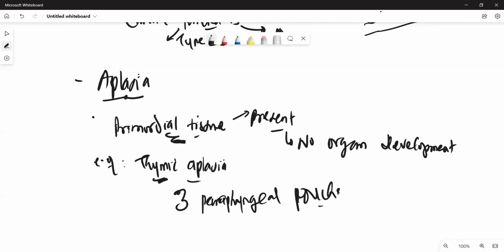And what else also comes from the third pharyngeal pouch apart from the thymus? Very good, you guys are so good. The inferior parathyroid gland also comes from there.